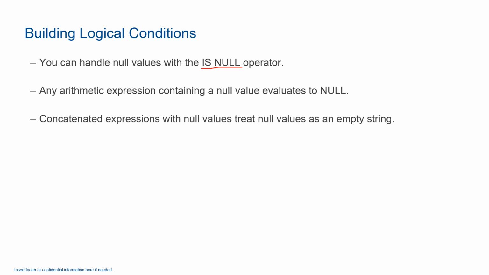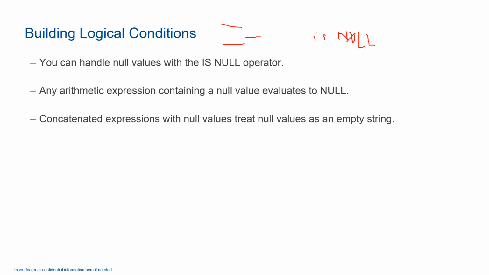Or we want to check some conditions like the first name or the last name is null, then do that particular thing. So we can write: if last name is null, then do that particular thing.